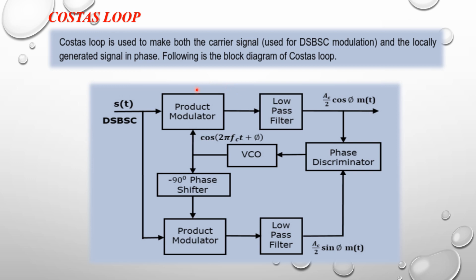This is the in phase channel, and this is the quadrature channel. The Costas loop has two channels: the upper channel is the in phase channel and the lower channel is the quadrature phase channel.